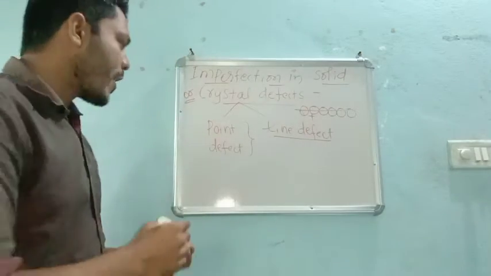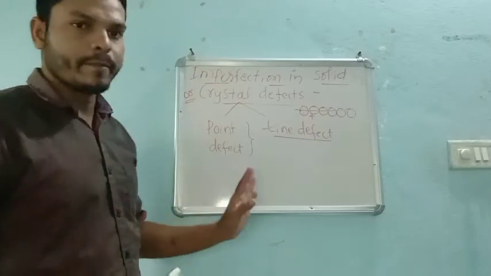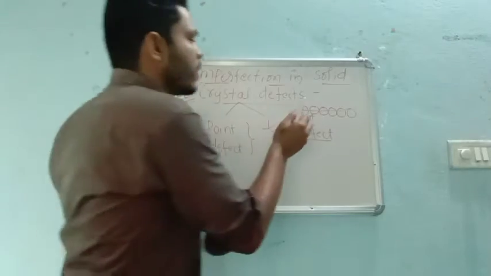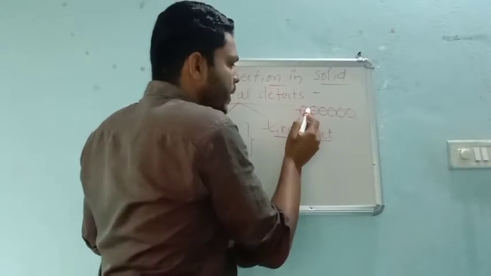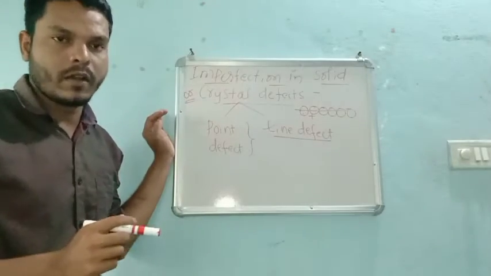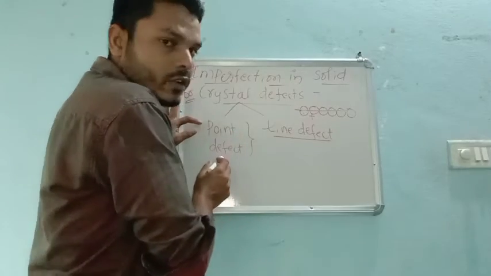So I repeat, point means just what the name indicates. Somewhere in the complete solid, at one point, it might be disturbed or deviate from its original site, or I can say depart. That is called a point defect.